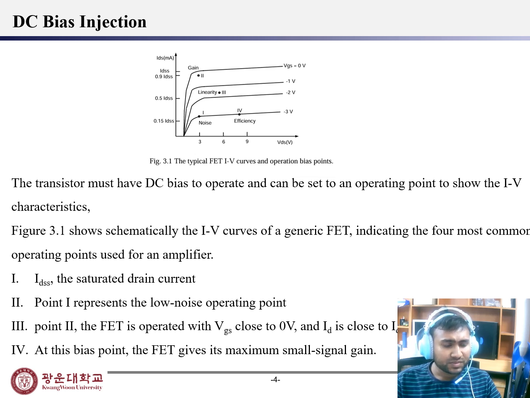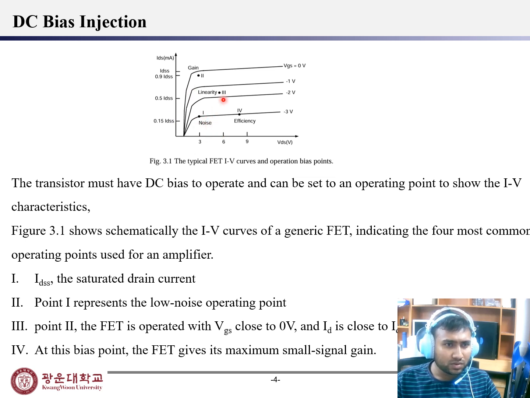First, IDSS is the saturated drain current, and point 1 represents the low noise operating point.